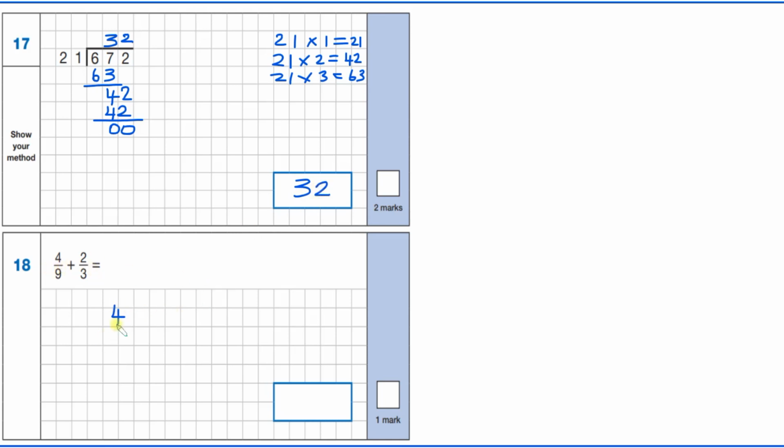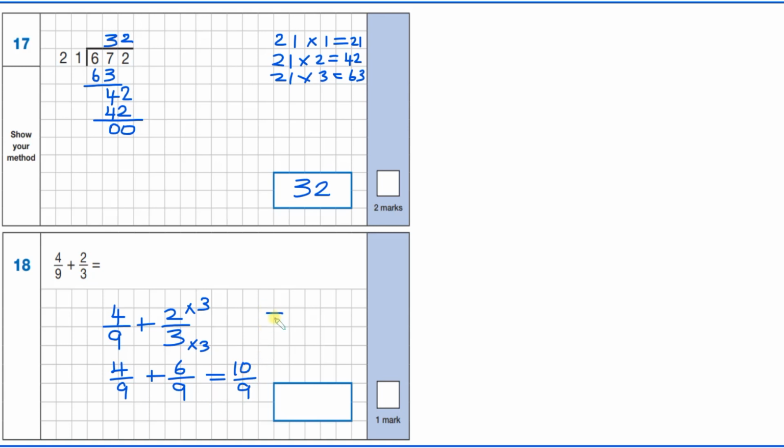Now 4 over 9 plus 2 over 3. Keep the denominator the same. You times by 3, times by 3. Now 4 over 9 plus 6 over 9. The answer is 10 over 9. This is a top heavy number.